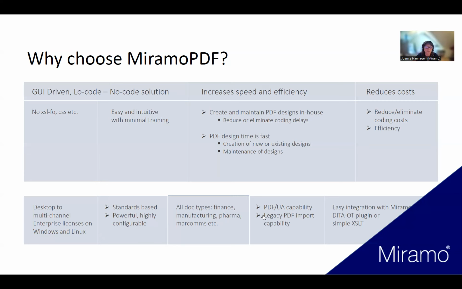So any PDFs that you want to include in your documentation, but you don't want to convert to structured content, can be imported alongside DITA content, and it'll look seamless. There is very easy integration with the Miramo DITA OT plugin, and for non-DITA solutions, there's very simple XSLT for integration.